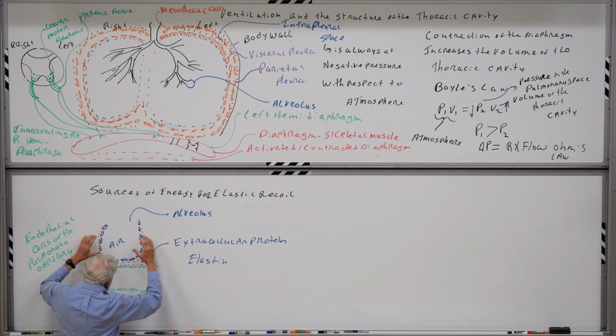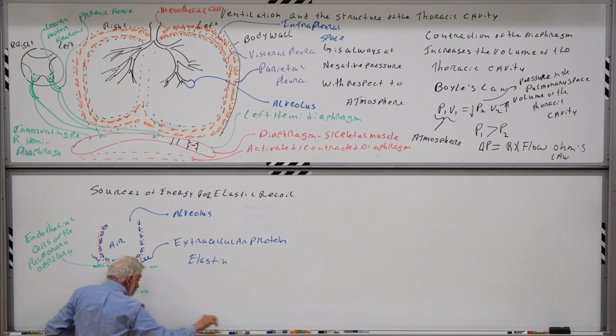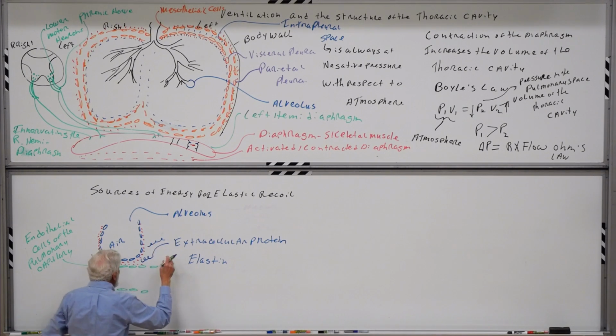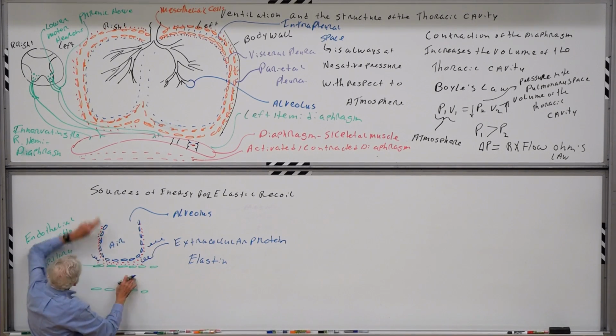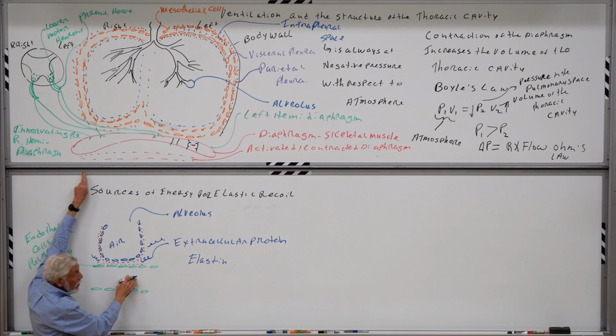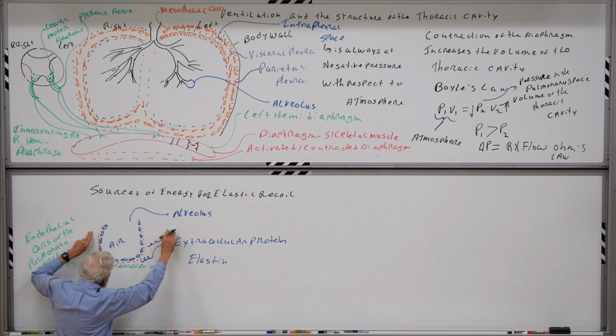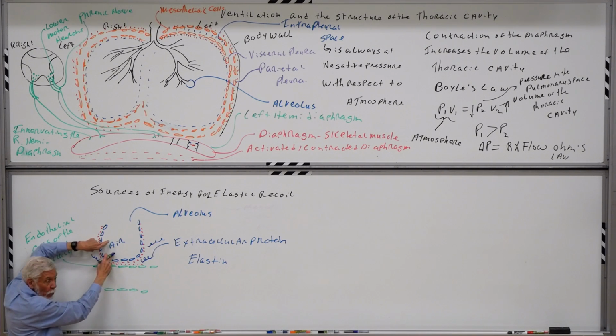Because when we expanded this and made it bigger, we stretched out these elastin molecules. But now, when we stop contracting the diaphragm, we've stored energy in the extension of the elastin, and some of that energy now is going to help snap this alveolus back to its original size and position.